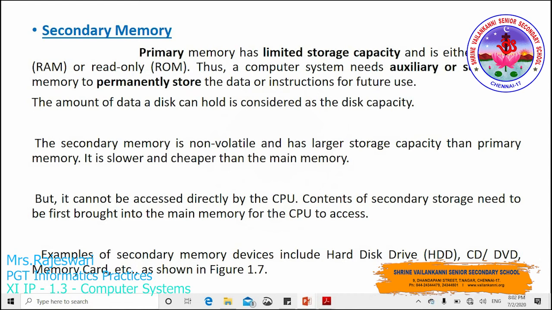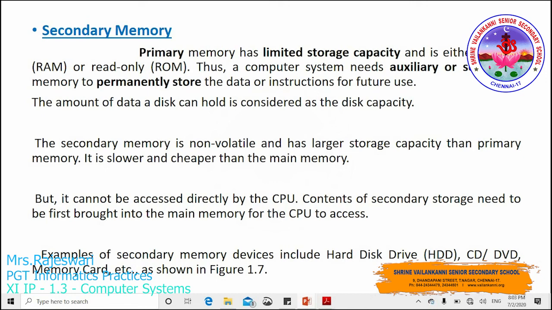So if you take a CD and DVD, which will have more capacity? Obviously DVD will have more capacity, because a CD consists of only 700 MB, where you can store data only up to that. The amount of data that a disk can hold is considered as the disk capacity. Beyond 700 MB you cannot store in a CD, right?